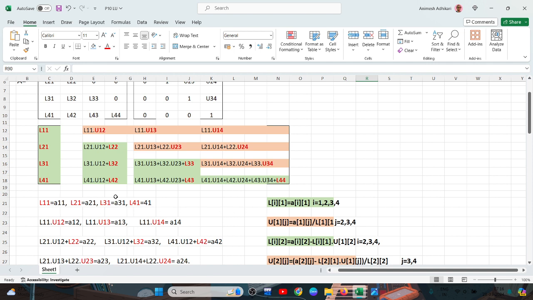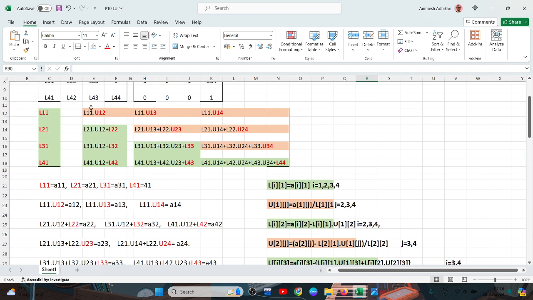So obviously Li1 equal to Ai1, i equal to 1, 2, 3, 4, because we set n equal to 4.